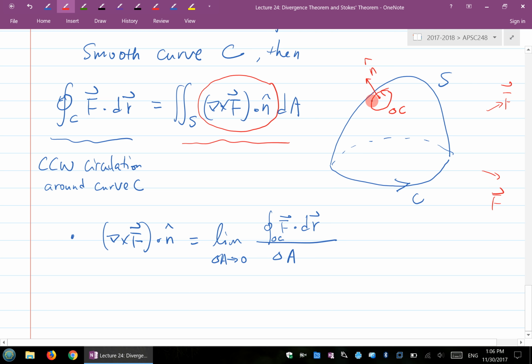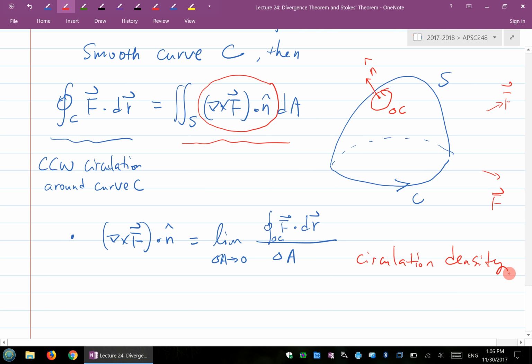So basically, this is the circulation around that little location, divided by the area, and then you let it go to 0. If you recall, what do we call that? The circulation density, right?